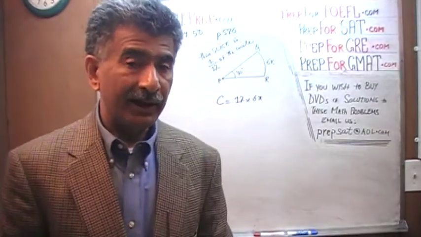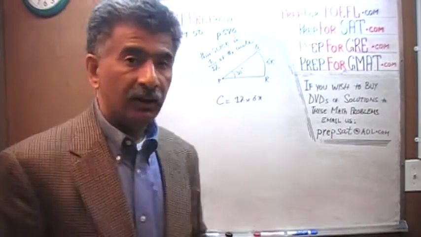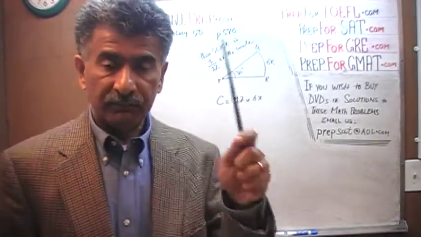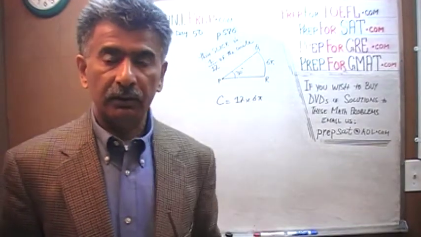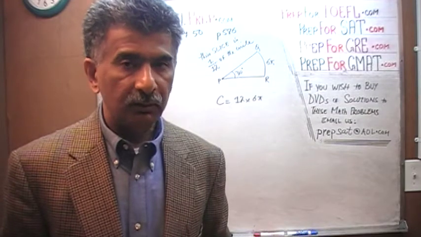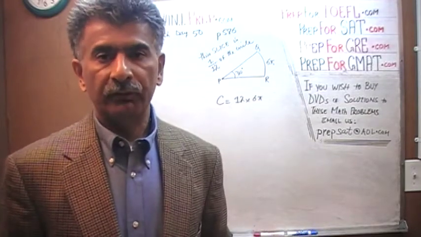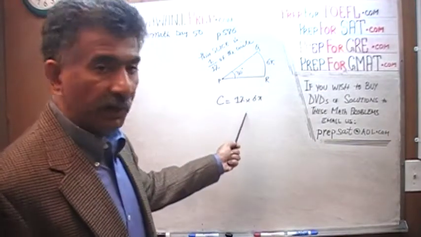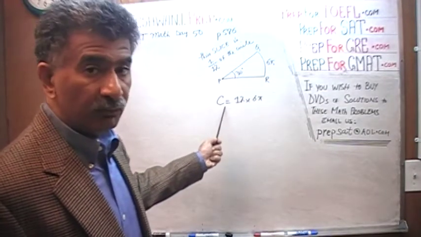Now, why do we need to find the circumference? Because they are looking for the area of this slice, and before we can find the area of this particular slice, we first have to find the area of the entire circle. And in order for us to find the area of the entire circle, we need to know the radius, because the area of the circle equals pi r squared. This is how we're going to find the radius, because we know circumference equals 2 pi r.